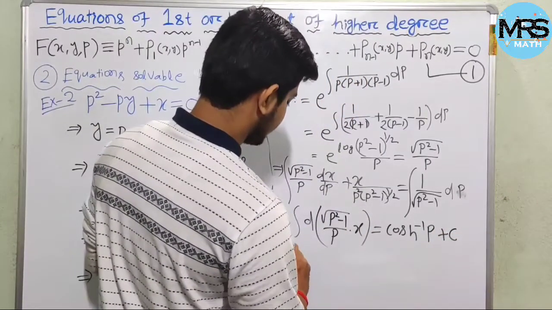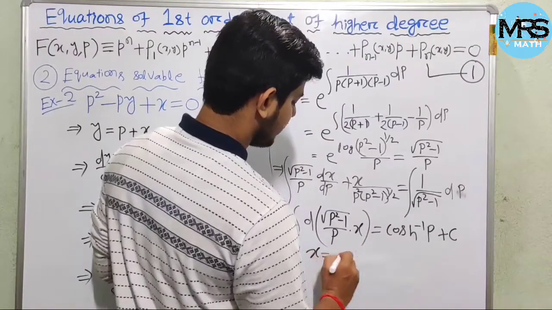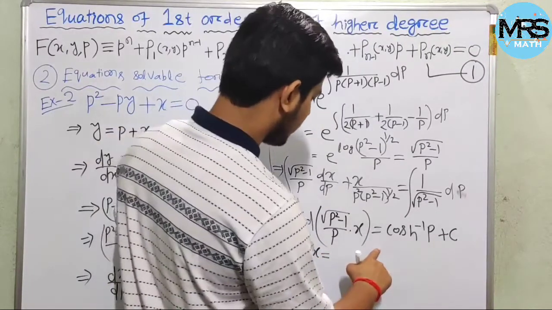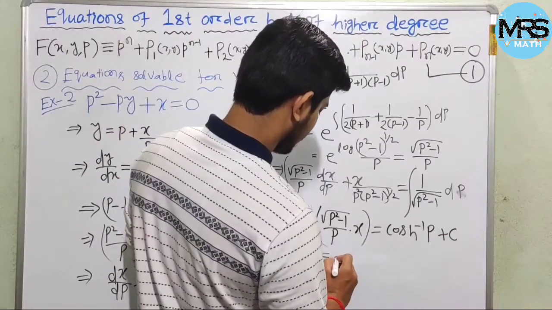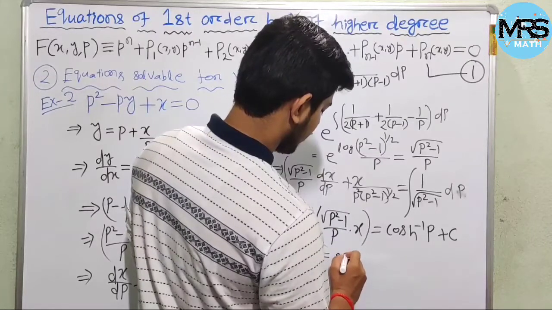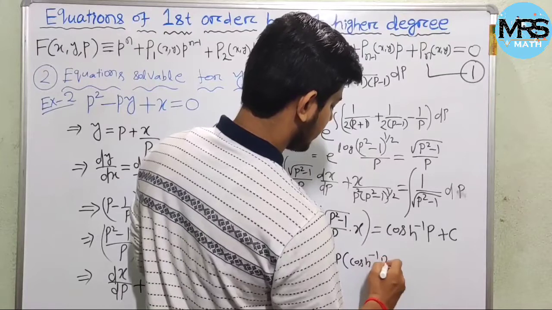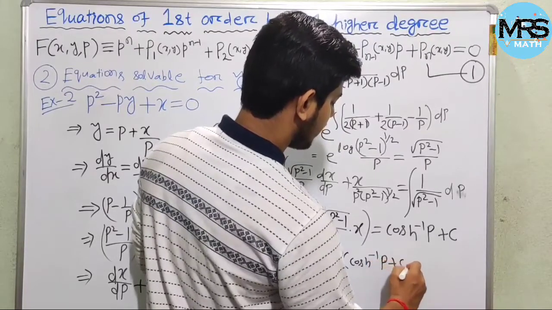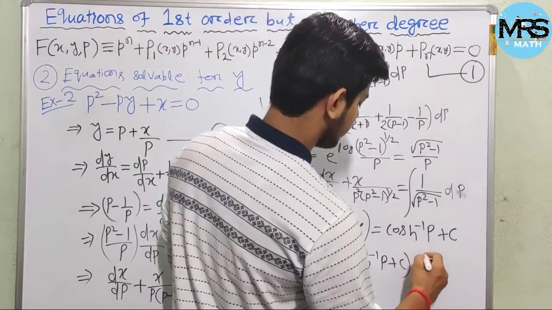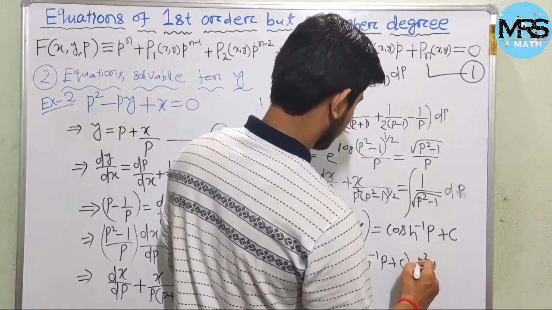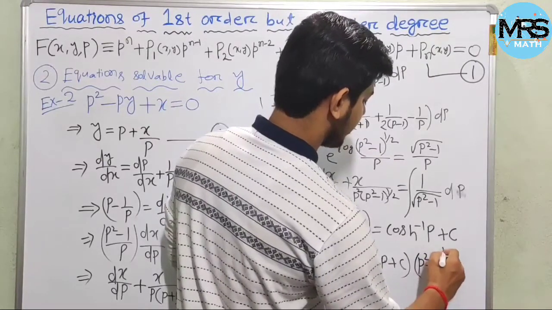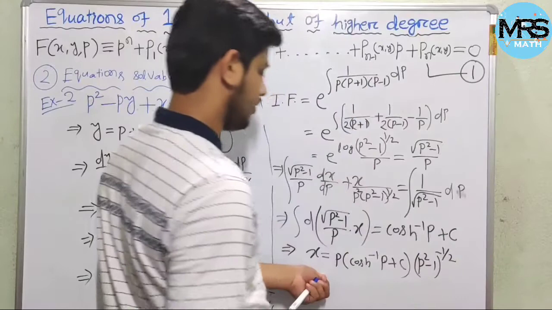So what you will get then, x will be equal to p into cos hyperbolic inverse p plus c, into p square minus 1, whole to the power minus 1 by 2.